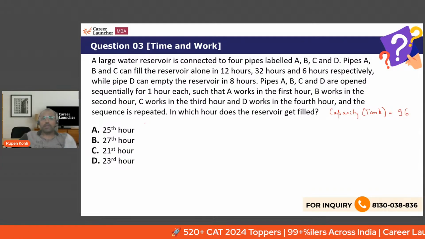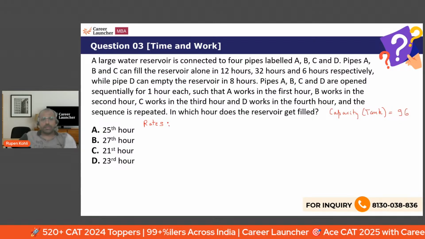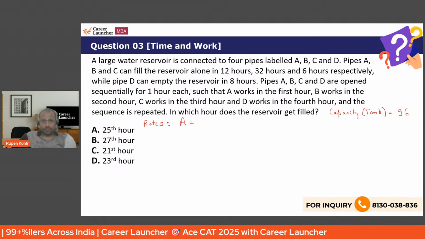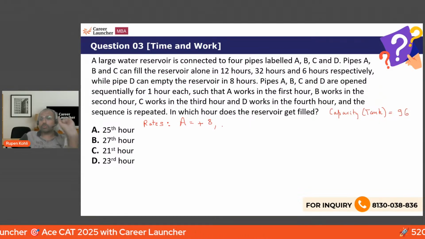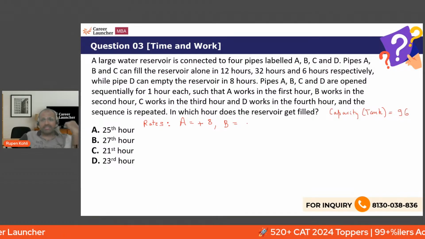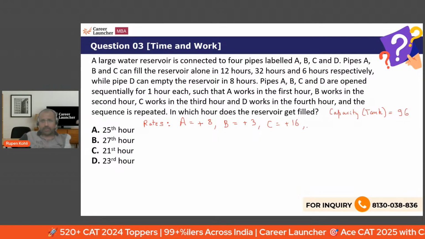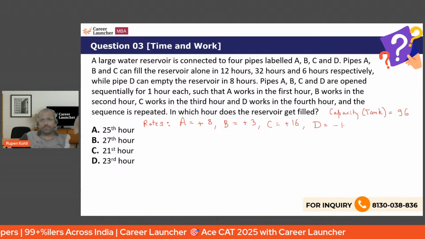The rate for pipe A is 96 by 12, which is positive 8, positive work. Pipe B, 96 by 32, plus 3. Pipe C, 96 by 6, plus 16. And pipe D is doing the negative work, so 96 by 8, which is negative 12.